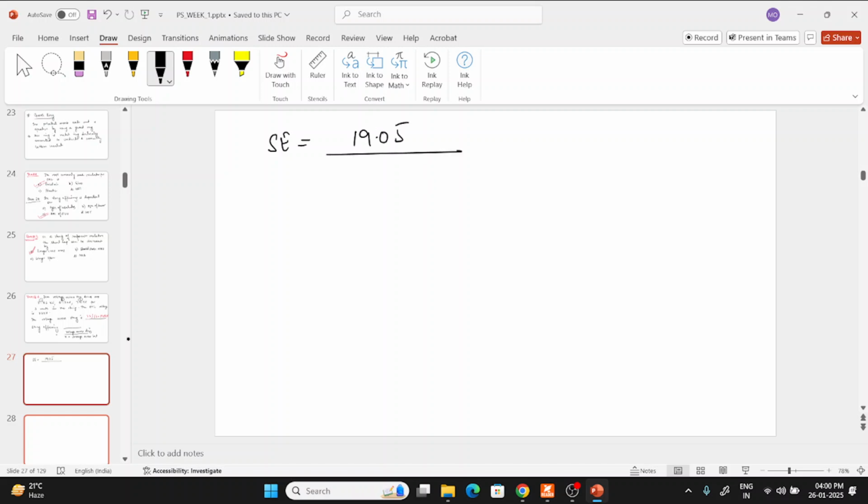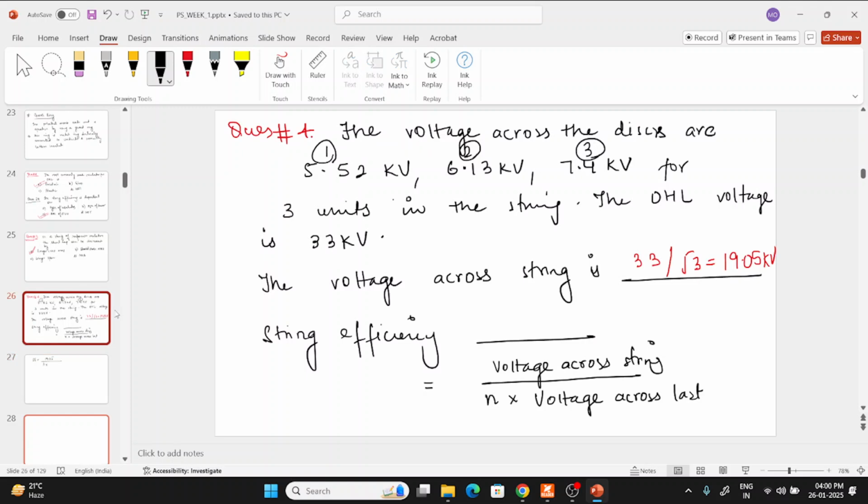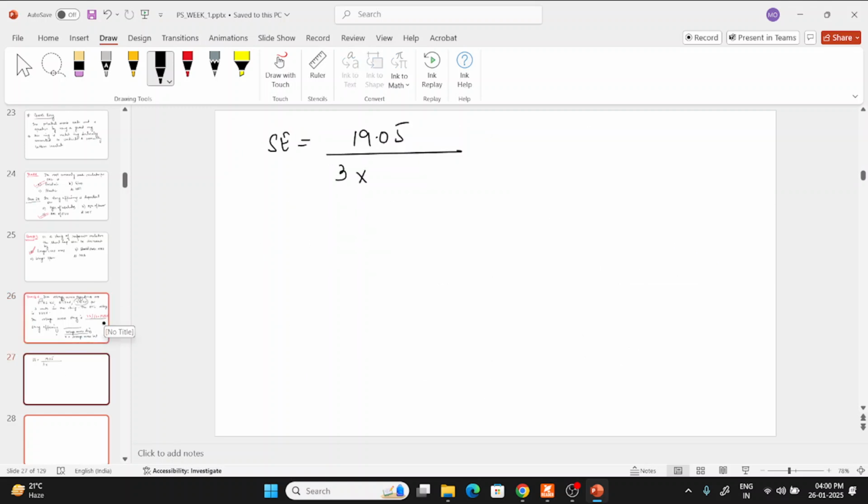We just calculated the number of discs here is 3. Then the voltage across the insulator nearest to the conductor is 7.4, because it has been given in such a way. If we calculate it, I think it will come out to be 85.8 percent.